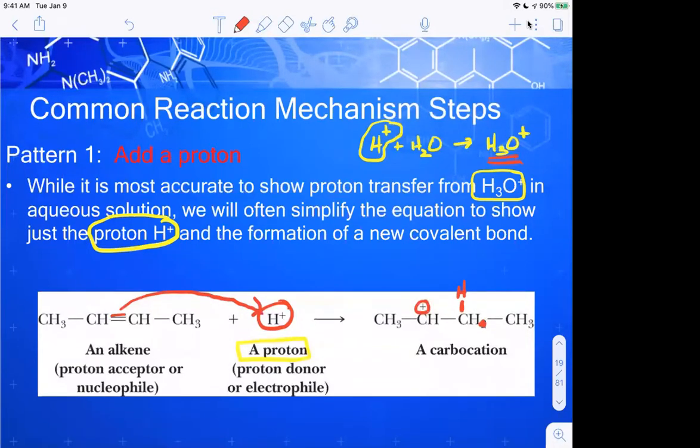And then because those electrons left this carbon of the double bond, that is electron deficient. It's going to be this carbocation intermediate that's going to form a bond with something else in another step. So this is another shortcut way of doing the reaction that we just did on the previous slide.